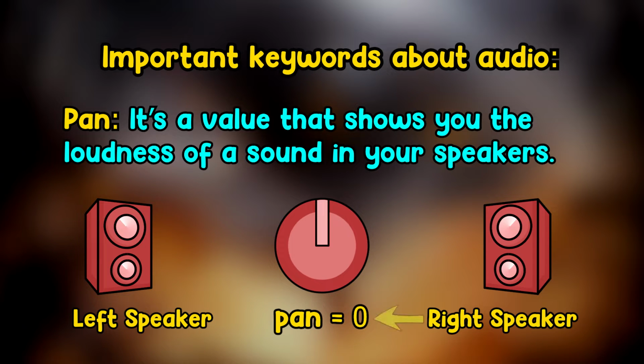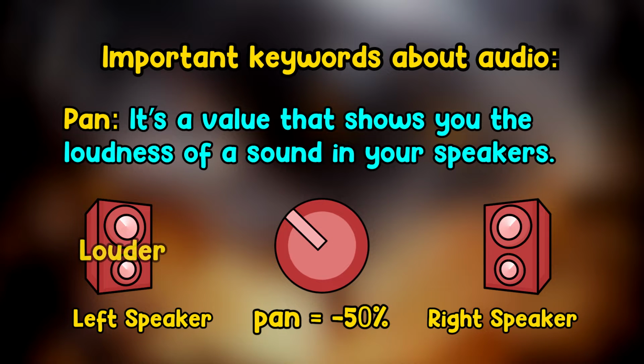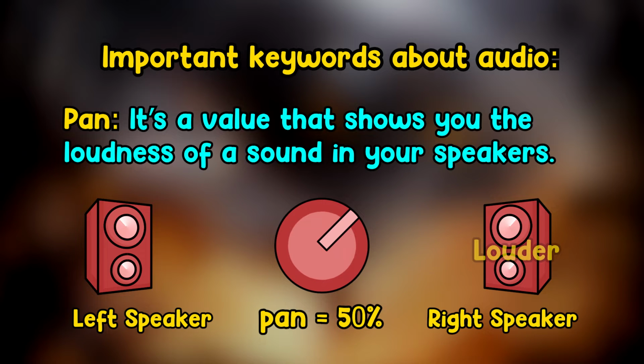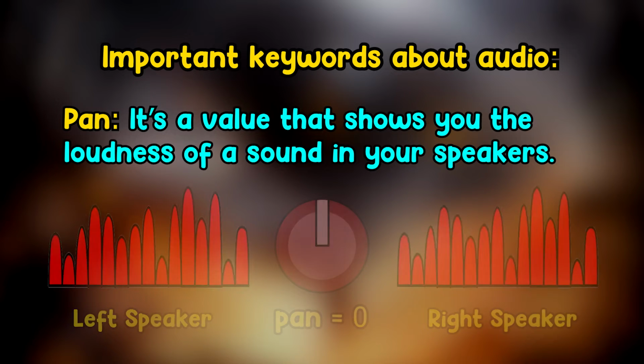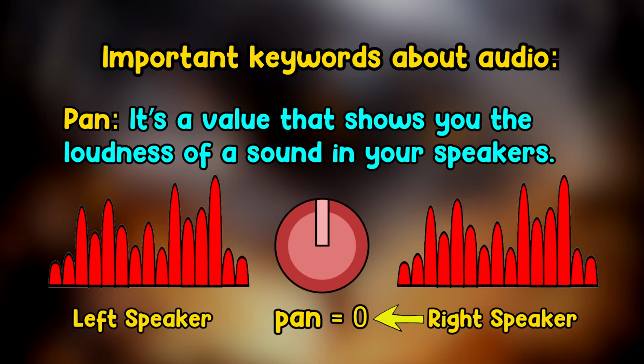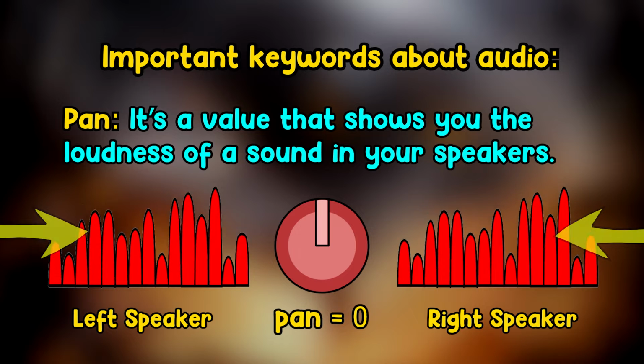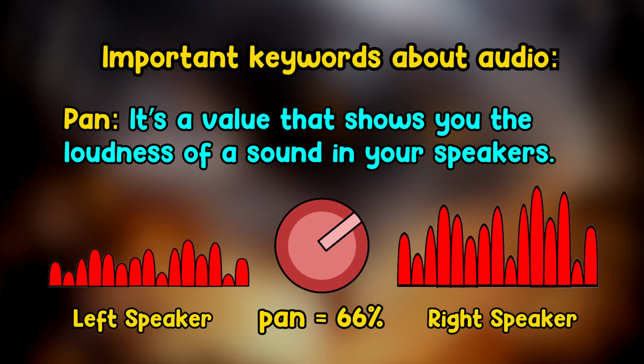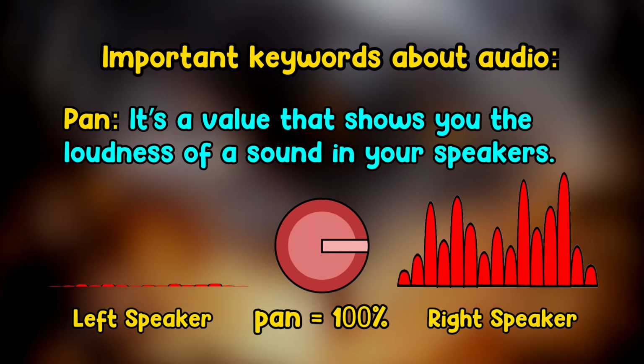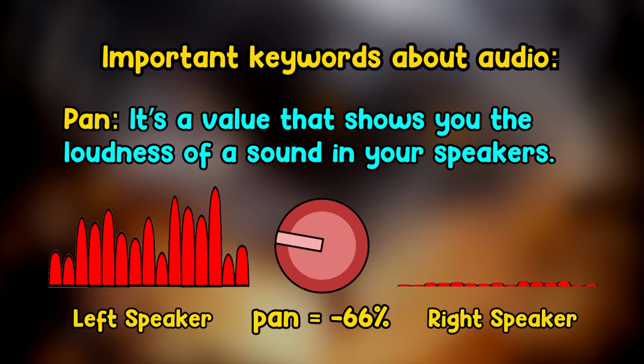For pan, 0 means you're going to hear the sound equally from your speakers, and values less than 0 mean the sound is louder in your left speaker, and values more than 0 mean the sound is louder in your right speaker. For example, now because the value of pan is 0, you're hearing my voice in your left speaker as loud as your right speaker. But now I'm panning my voice to your right speaker, and now I'm panning my voice to your left speaker.